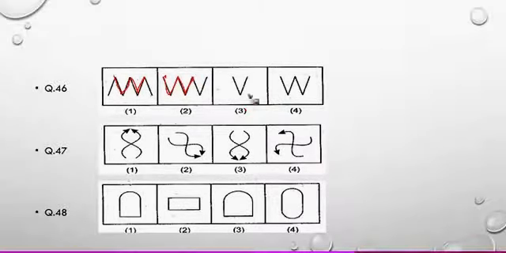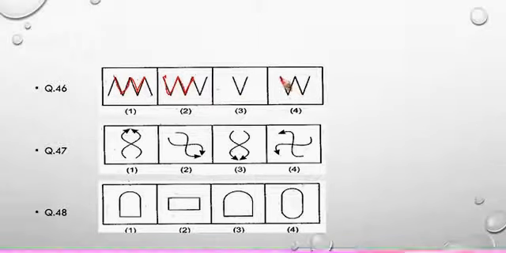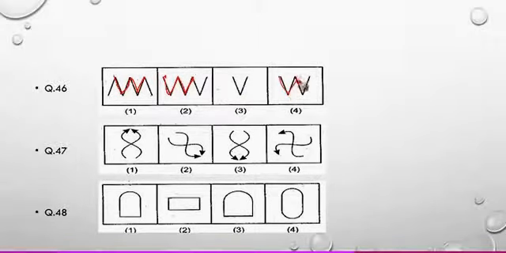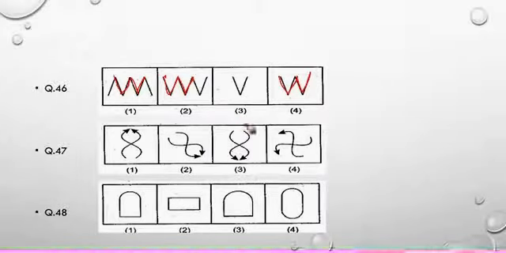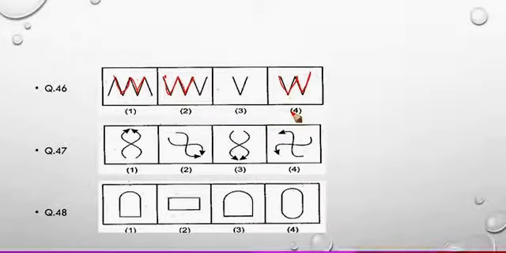In case of problem figure 3 we can't make the W alphabet, but in case of problem figure 4 we can make one W alphabet. So the answer to question number 46 is 3.